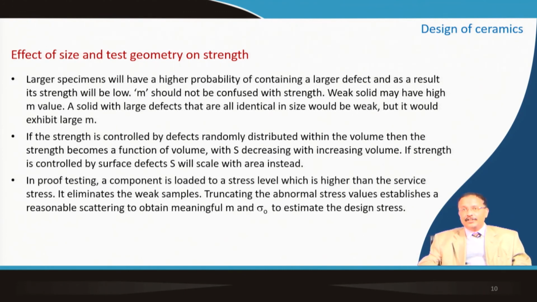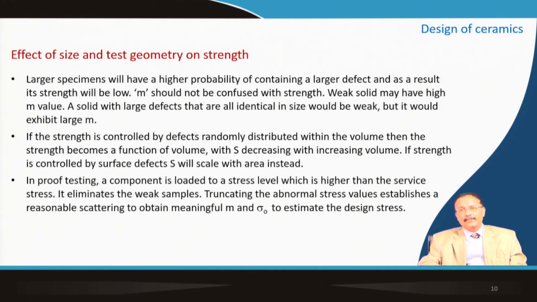As I mentioned in the last slide, we do proof testing: a component is loaded to a stress level higher than the service stress value, and if the sample readily fails, we usually discard it. If a sample exhibits an exorbitant fracture stress value, that also gets eliminated.